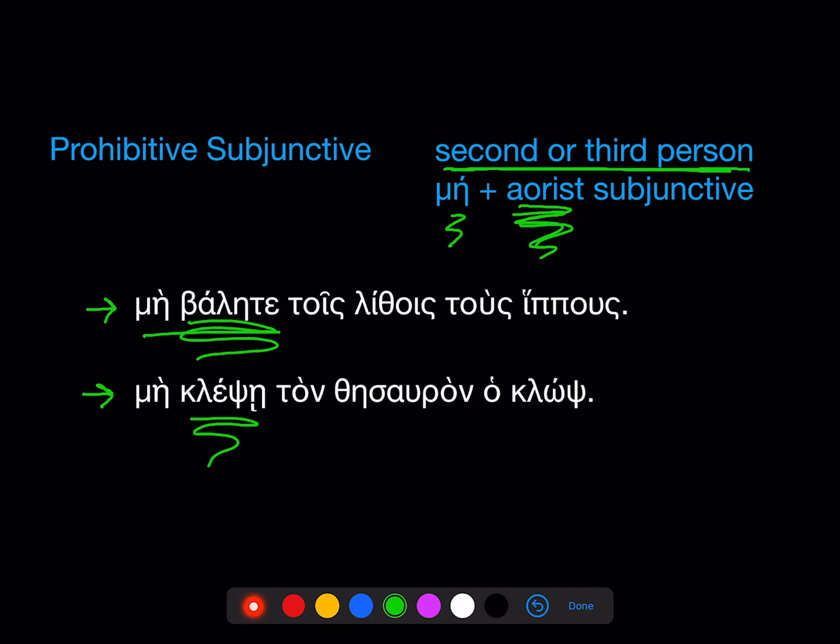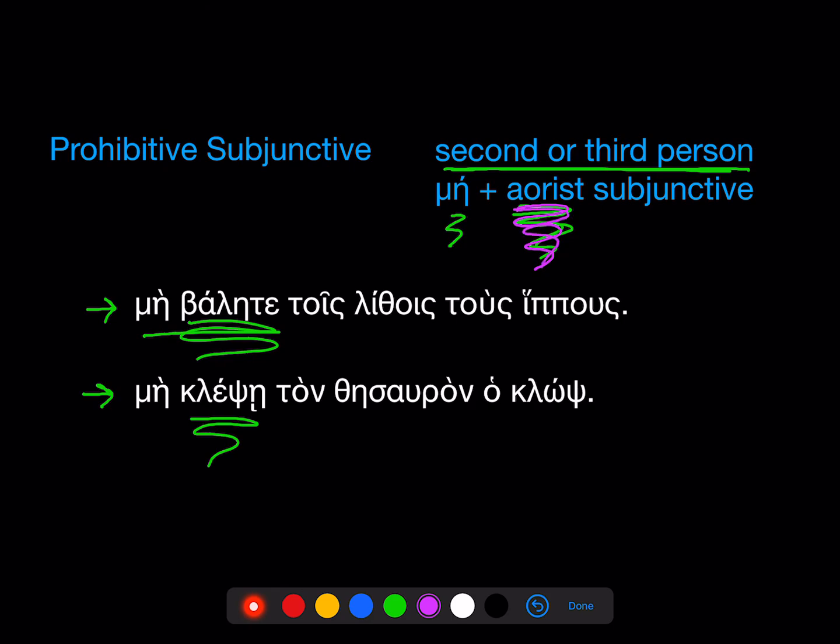In meaning, these prohibitive subjunctives are very like negative imperatives. Greek prefers for negative commands that have imperfective aspect to use μή plus the imperative. But if you have aoristic, simple aspect, then you can use the prohibitive subjunctive with the aorist subjunctive.